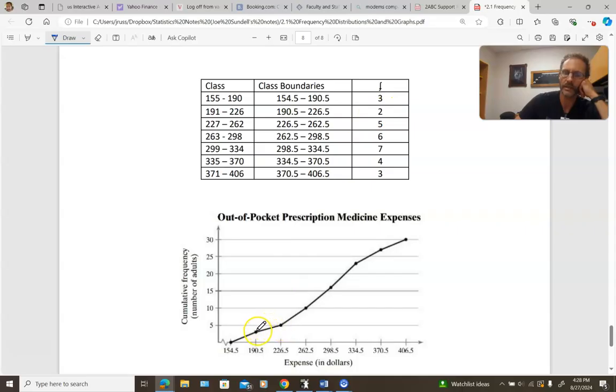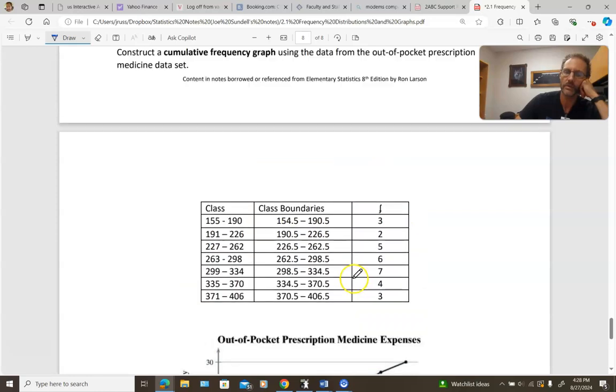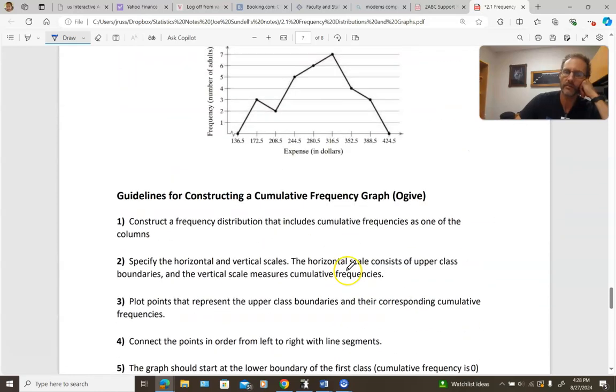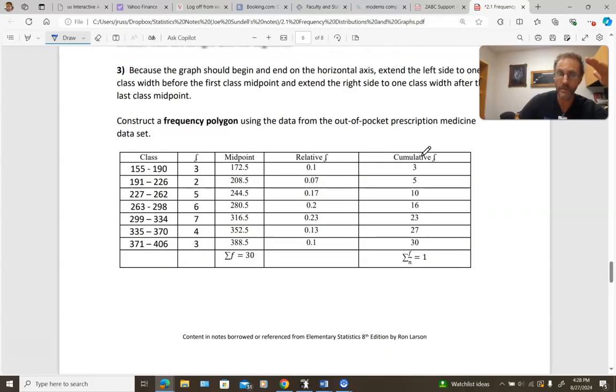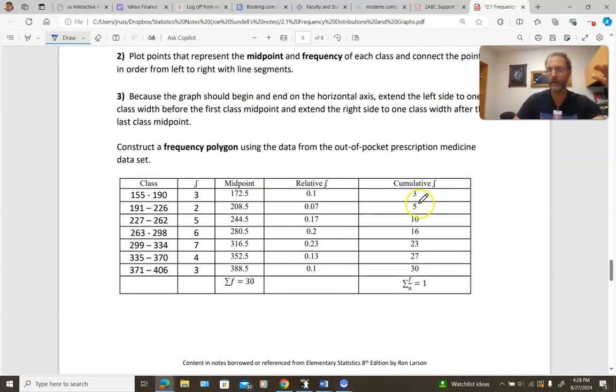So you've got 3 plus 2, which gives you 5. So the heights of each of these points are coming from the actual cumulative frequencies. We're going along and accumulating frequency. So that's why this cumulative frequency diagram is increasing.